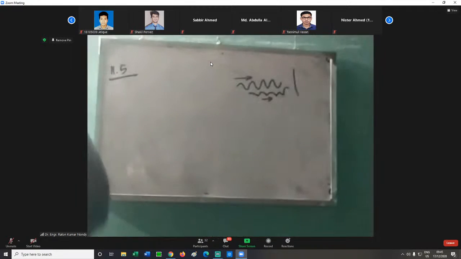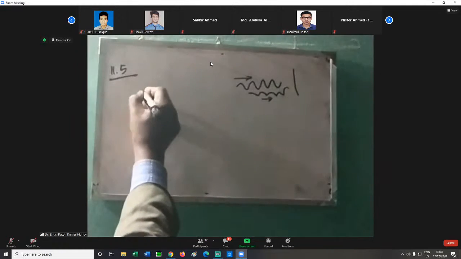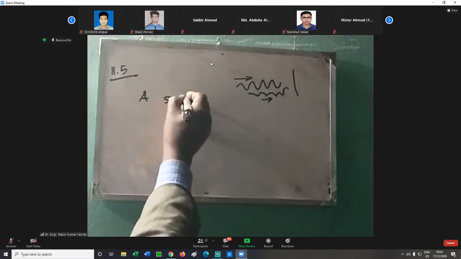So the formula for reflected waves is like this. I am just writing the problem. Then we go on.